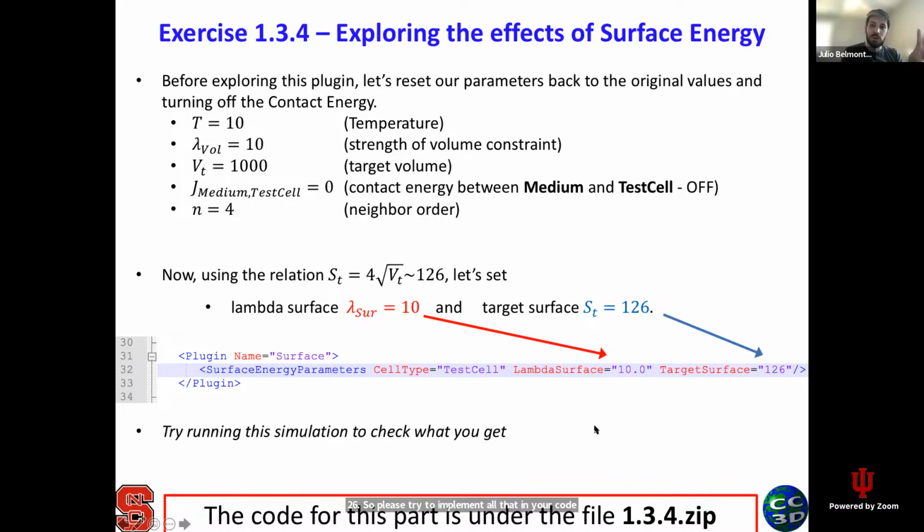If it sounds like too much, or you don't feel like messing with the code right now, the code for this exact figure is already available to you in file 1.2.4.zip. If you open it, you already have all this configuration ready for you. Do this, try running the simulation, and please tell me what you get.